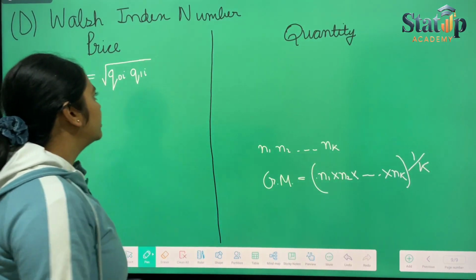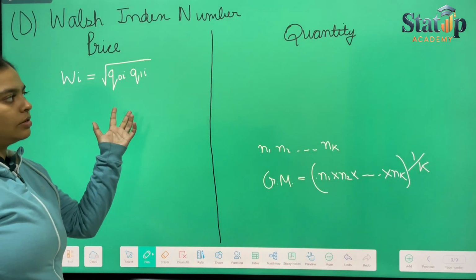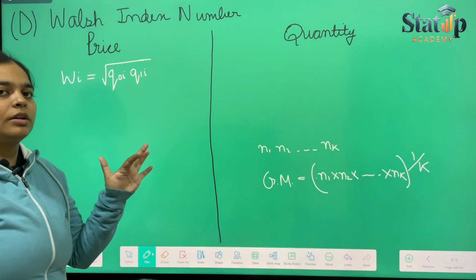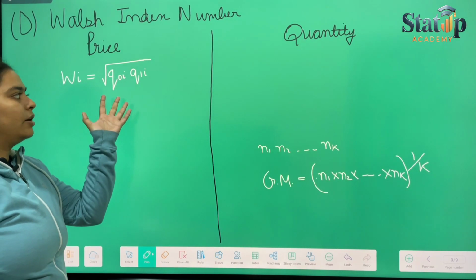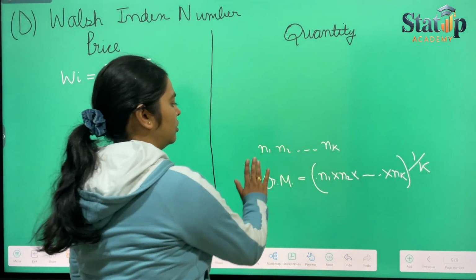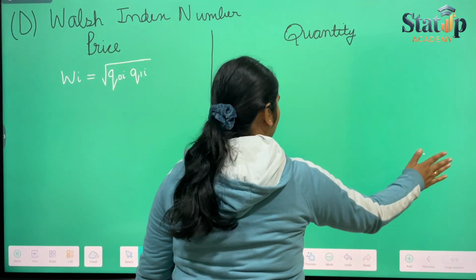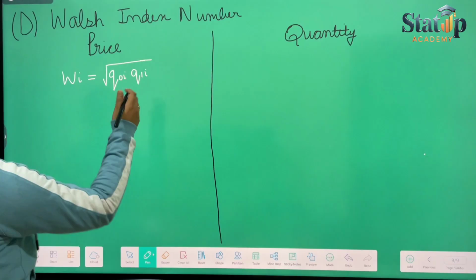This is the geometric mean. Since we have only two quantities here, the geometric mean would be raised to the power 1 by 2, and 1 by 2 can be written as under root. So this is the geometric mean.